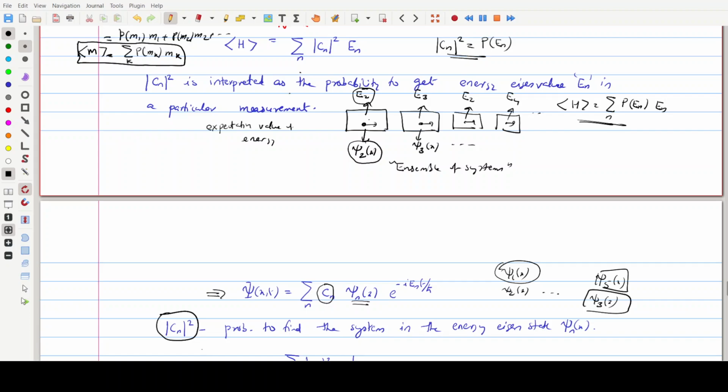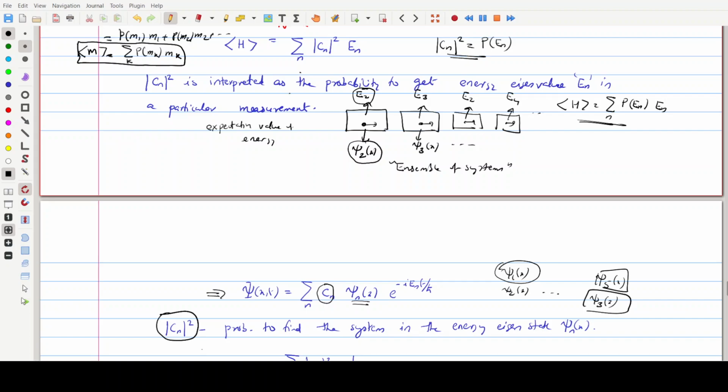So conceptually it is acting on a collection of copies of the system, or experimentally you might be performing it on a single system, because it may not be possible to make thousands of copies of the same system. So we'll perform the measurement on the same system a number of times.